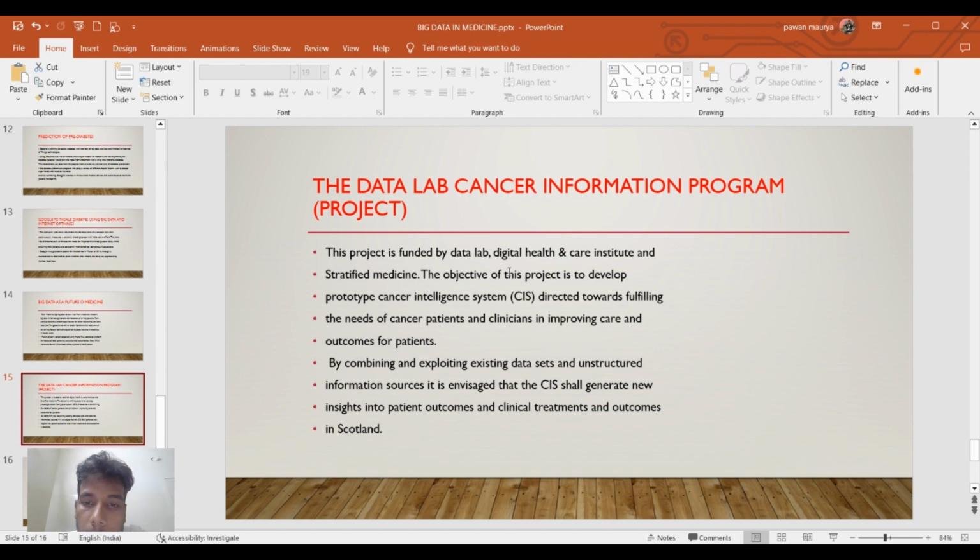The objective of this project is to develop a prototype cancer intelligence system directed towards fulfilling the needs of cancer patients and clinicians, improving care and outcomes for patients by combining and exploring existing data sets and unstructured information sources. It is envisaged that the CIS shall generate new insights into patient outcomes and clinical treatment and outcomes in Scotland.